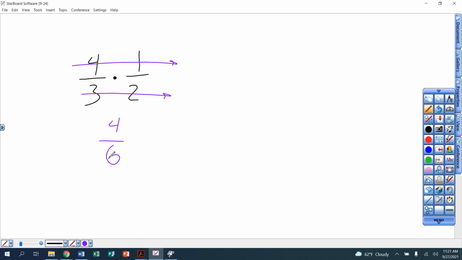But if you have problems that have maybe a variable in it, or actually if you have problems like this, with an equal between them, like 4/3 equals x over 12 maybe, these have an unknown in them, a number that you're trying to find. So for these, you do not go straight across.